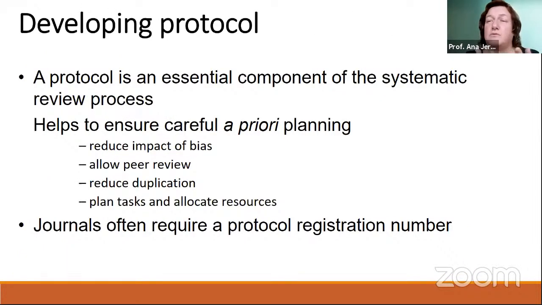After we formulate the research question, we have defined a lot of things, including eligibility criteria. After that, we start to develop the protocol, and the protocol is actually an essential component of the systematic review process. In many high-impact journals, a protocol registration number is required.